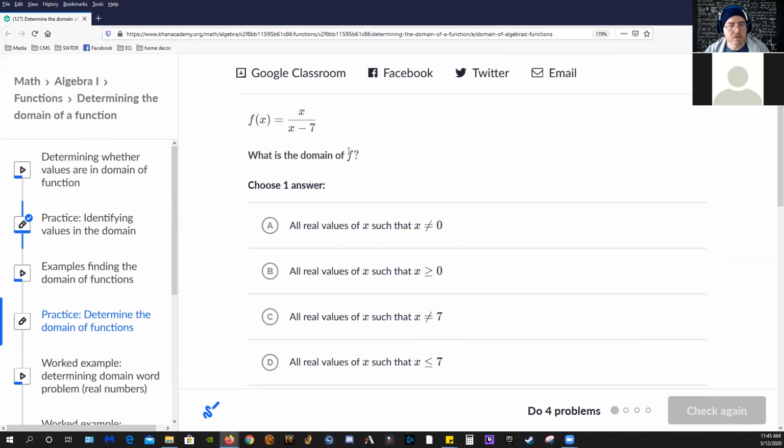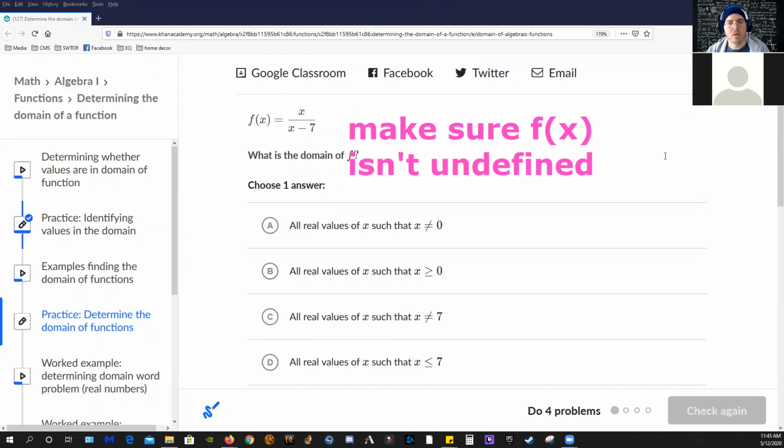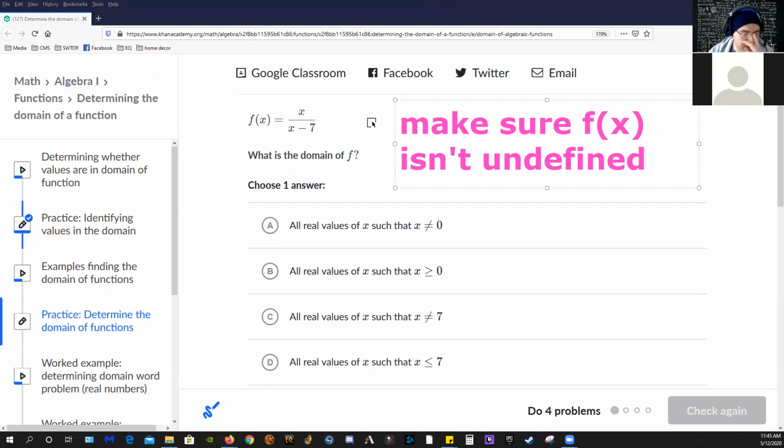Okay, so I guess this is sort of compounding the last lesson. We just want to make sure, okay, that's all we need. We just need to make sure that it doesn't come out undefined. So as long as x isn't 7, I think we're okay.